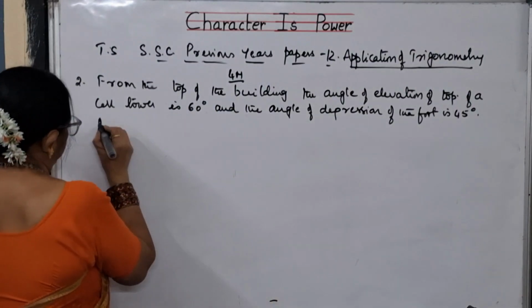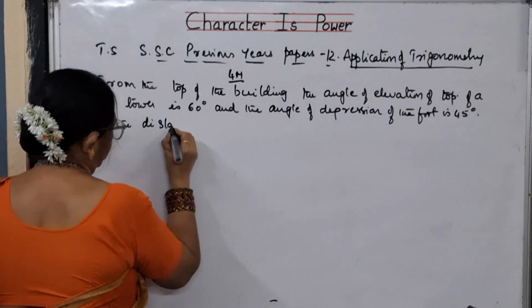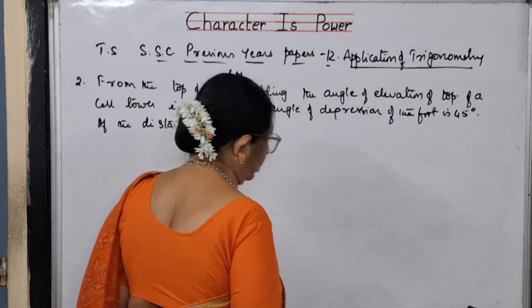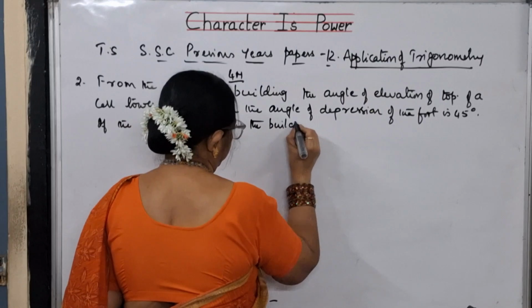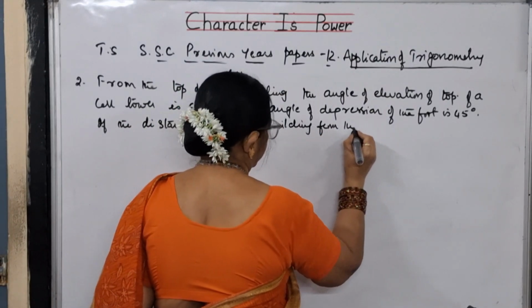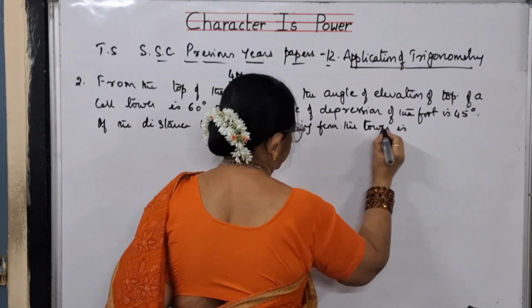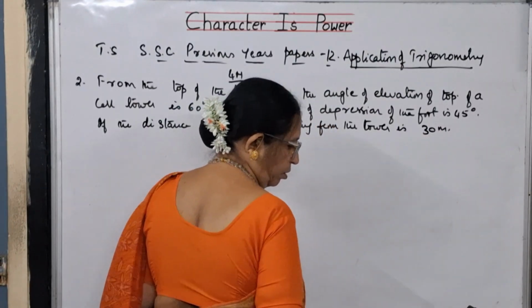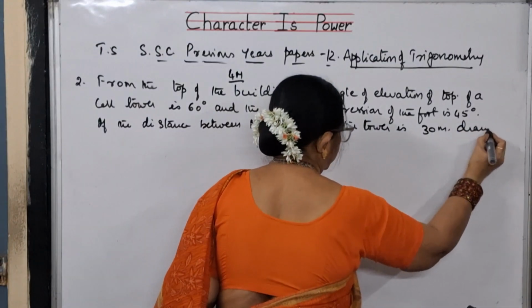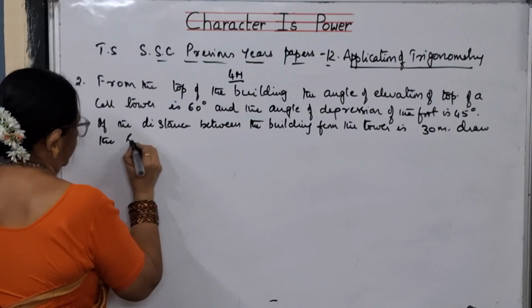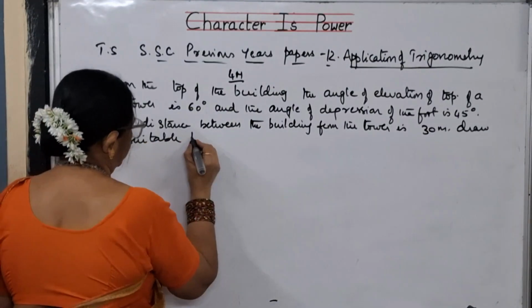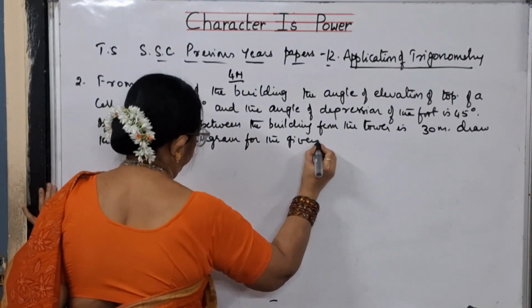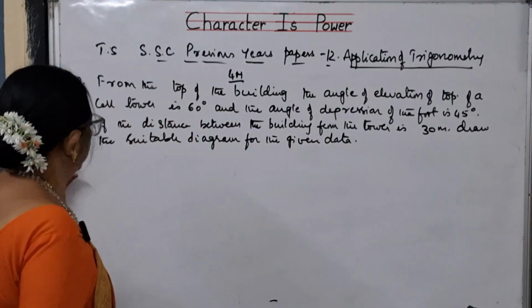If the distance between the building and the tower is 30 meters, draw the suitable diagram for the given data. So what does this problem say?